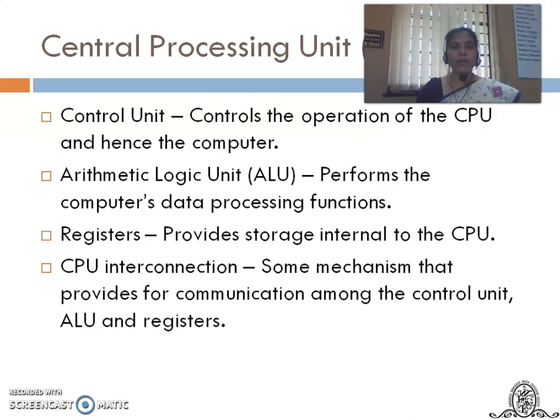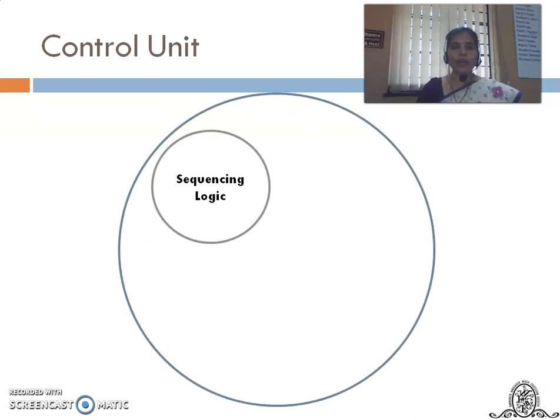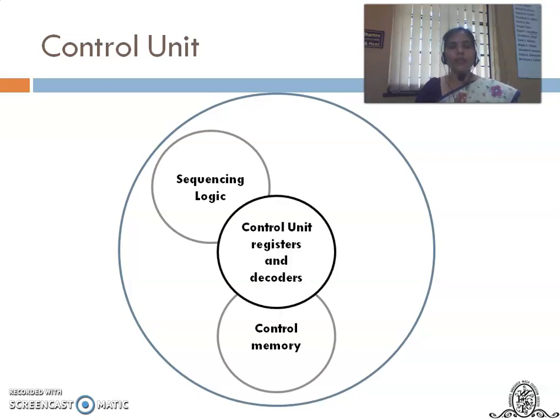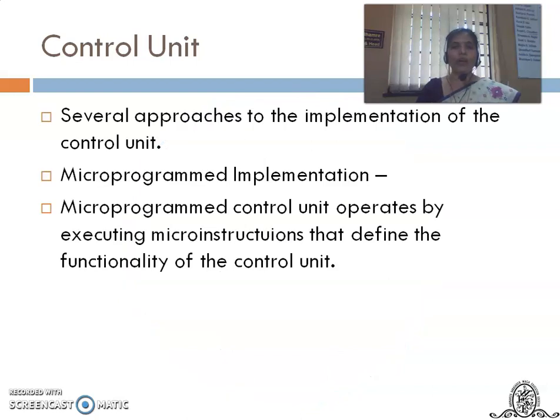The important part in the CPU is the control unit. And if we break down the control unit again into smaller blocks, the first one is the sequencing logic, to decide what is the sequence to be followed while executing a certain process. Control unit registers and decoders to decide what type of operation needs to be done. And then a control memory so as to preserve the tasks which are to be done.